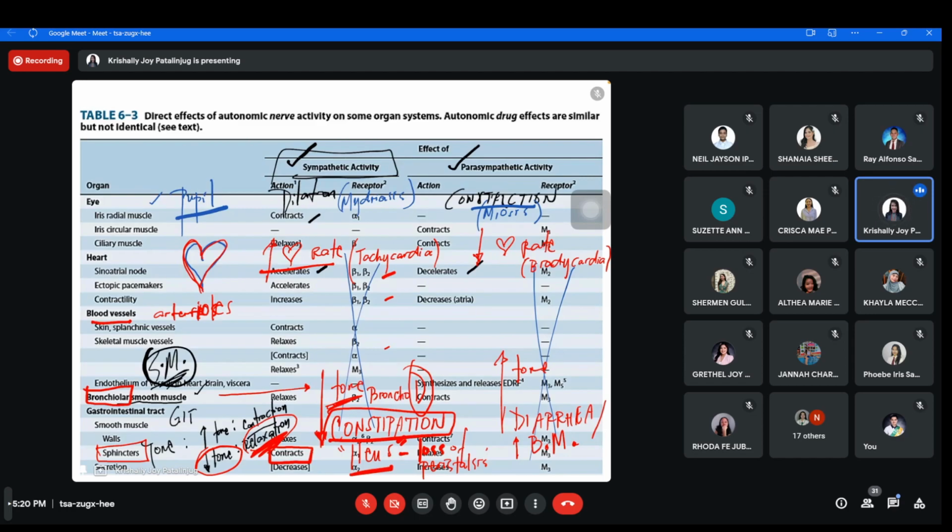So greater tone will tend to move the contents in the GI tract, so it has something to release, because the pressure in the GIT smooth muscles is greater. Okay, let's proceed to the urinary bladder.